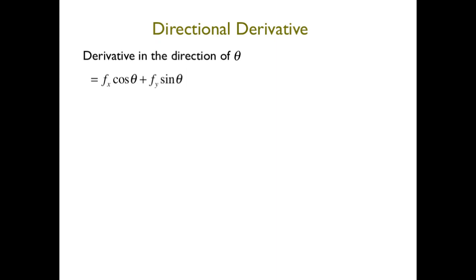What thing have we seen so far that has that form? Multiply, multiply, and add. What about vectors? What about vectors had that kind of form? Multiply, multiply, add together. Dot product. So what would it be the dot product of?